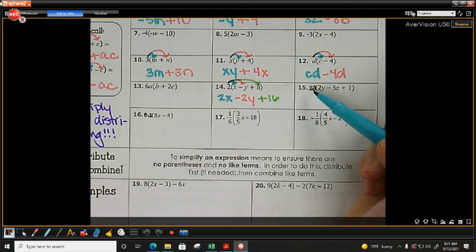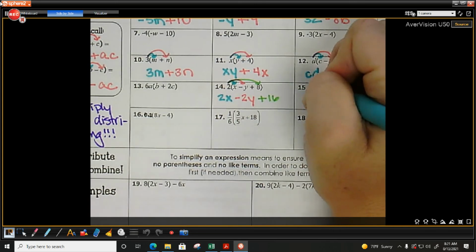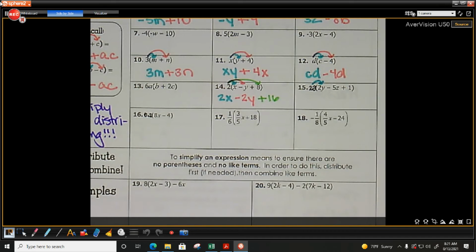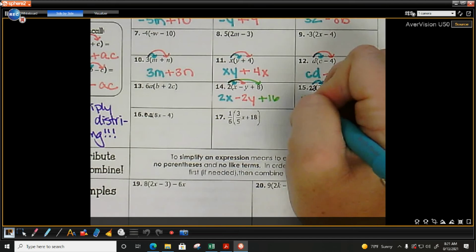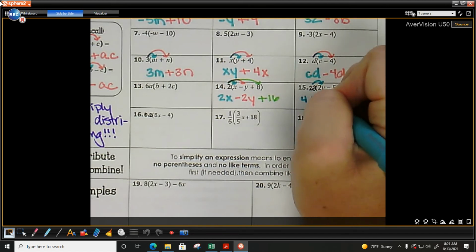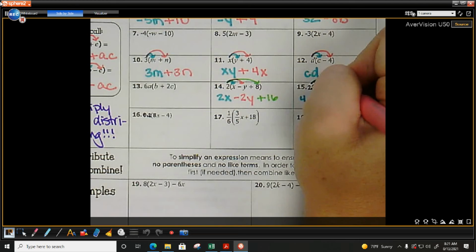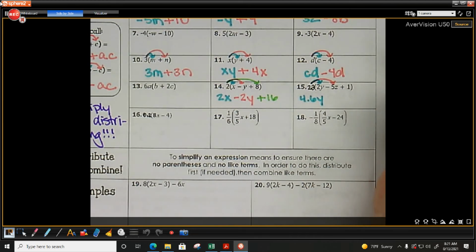2.3 times 2y. You can use your calculator if you want, guys. What's 2.3 times 2? 4.6y. Then what's 2.3 times negative 5? 11.5. Oh, can use your calculator.